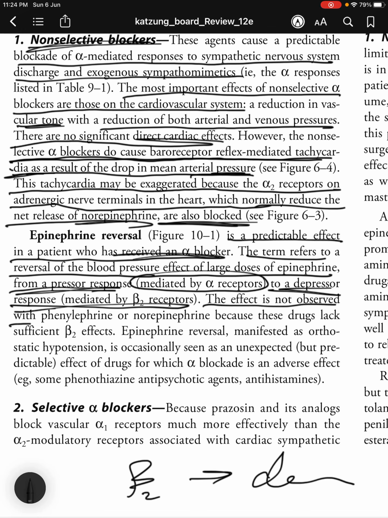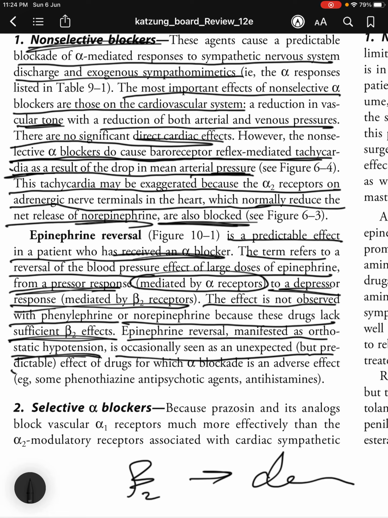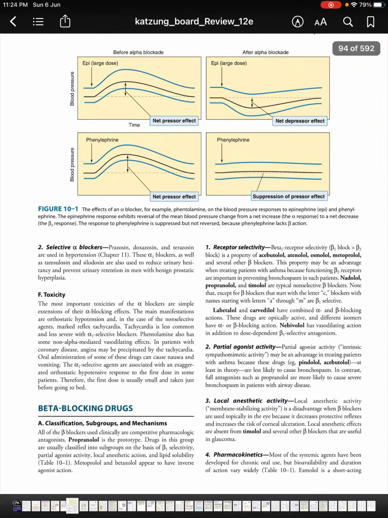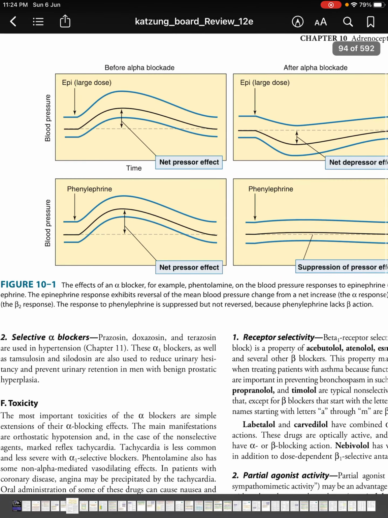The effect is not observed with phenylephrine or norepinephrine because these drugs lack sufficient beta 2 effects. Epinephrine reversal manifested as orthostatic hypotension is occasionally seen as an unexpected but predictable effect of drugs for which alpha blockade is an adverse effect, for example some phenothiazine antipsychotic agents, antihistamines, etc., which is shown in this figure.